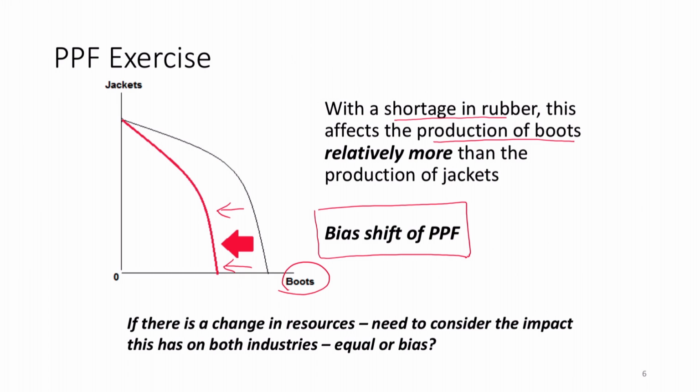If instead the shortage came in, for example, workers, then a shortage in workers would affect both the boots industry as well as the jackets industry, and we would have an equal shift in of the PPF curve. So again, shifts in the PPF curve have to come specifically from changes in resources or from changes in technology that would make our resources more productive.